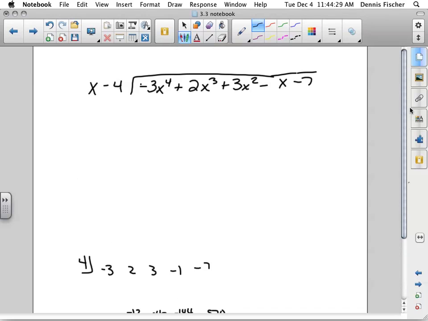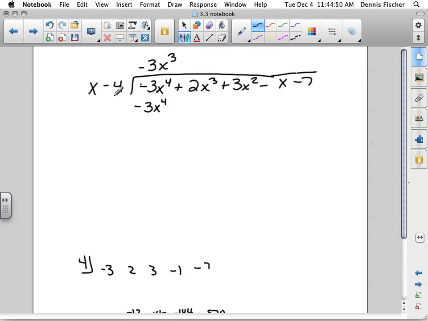What times x is going to give me a negative 3x to the 4th? Negative 3x to the 3rd. Now I've got negative 3x to the 3rd times x is negative 3x to the 4th.